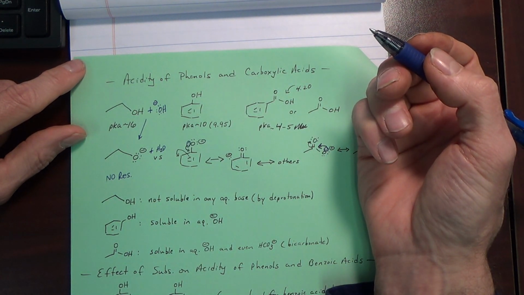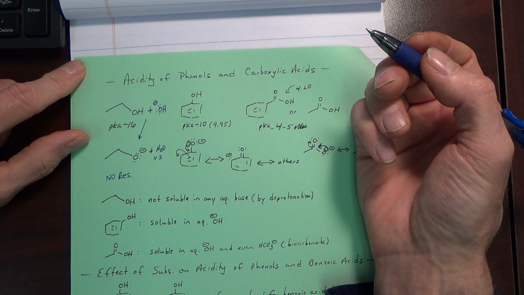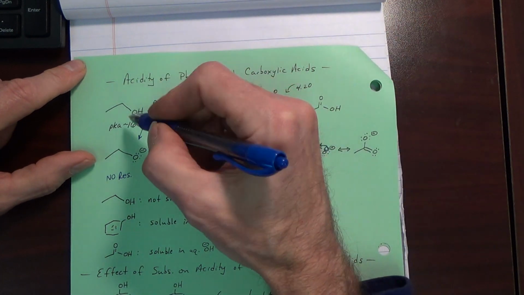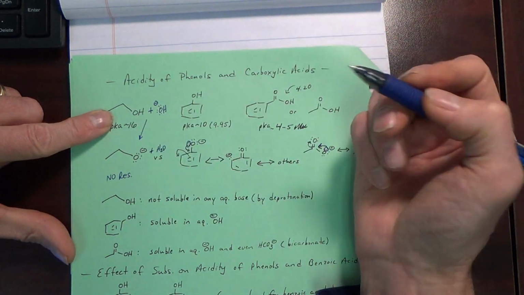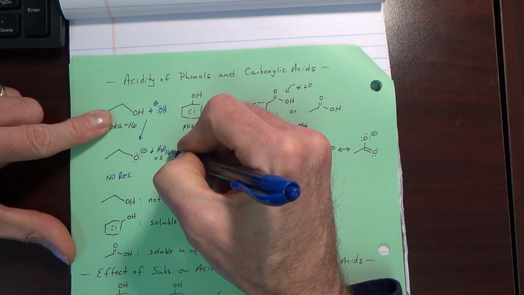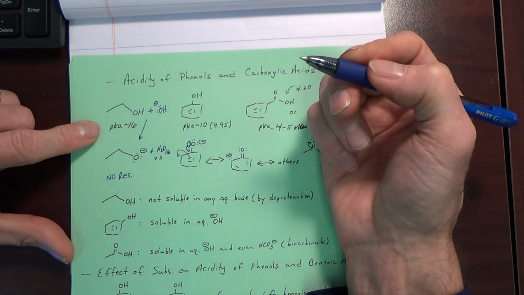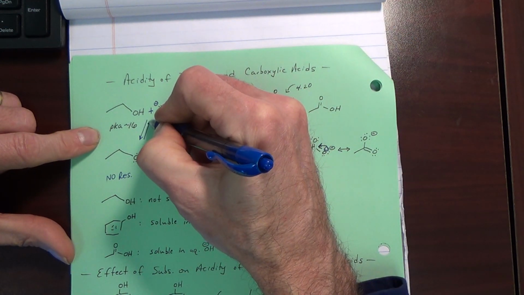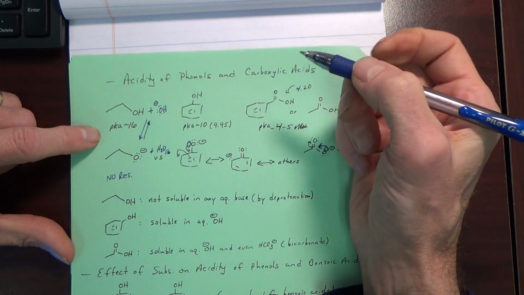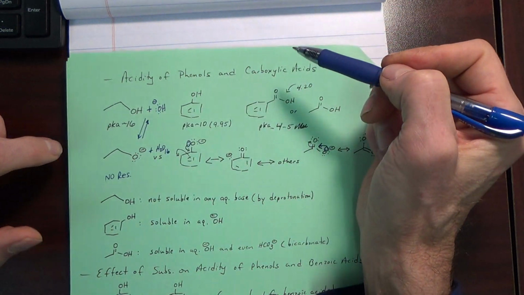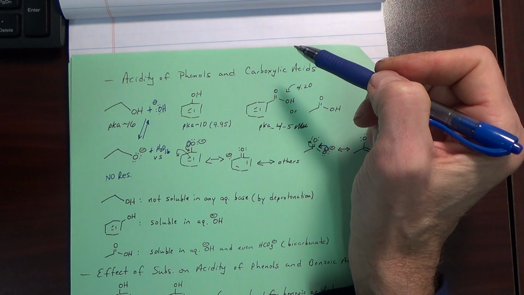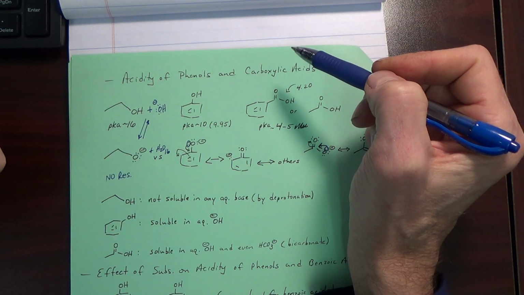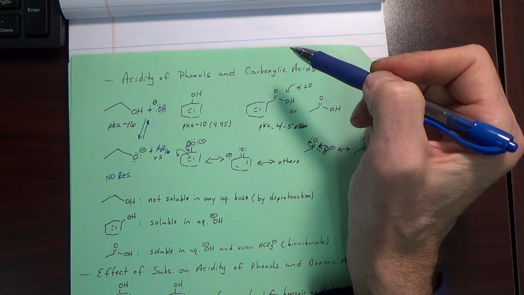But that is an equilibrium. And which side is favored? Alcohol is 16, water is 16, and we see that neither side is favored. It's really a perfect equilibrium. But as I've said before, in practice, you need a pKa difference of about 2 to 3 to be practically significant.